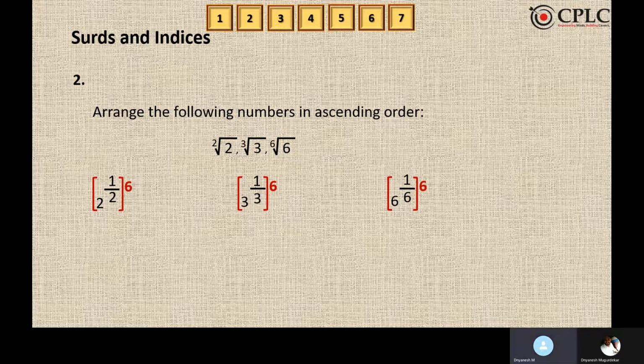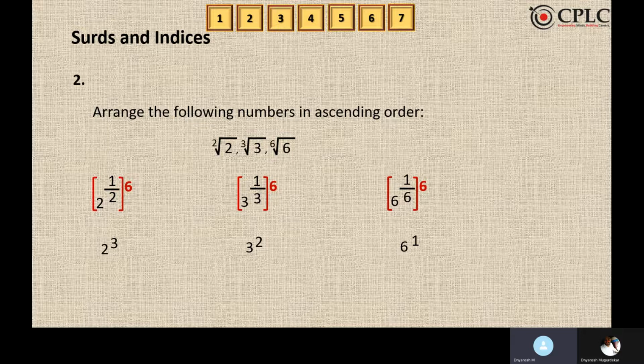Now after that, which rule will we be applying? We'll be applying a raised to m, the whole raised to n, and the powers will be multiplied to each other. So we'll get a raised to mn. So 2 raised to 1 by 2 into 6 will be 2 raised to 3, 3 raised to 2, and 6 raised to 1 respectively.